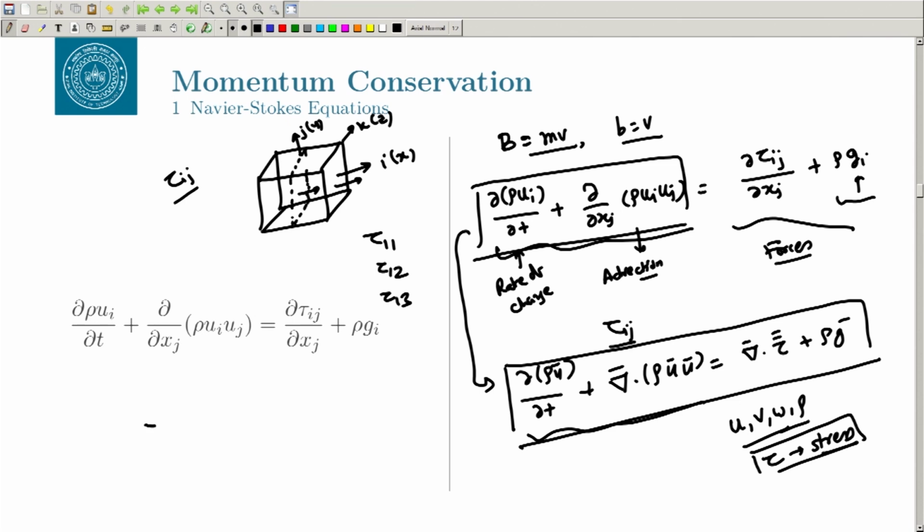So, tau is now a matrix, okay, it is actually a tensor; matrix is not the correct term. It is a tensor: tau 1 1, tau 1 2, tau 1 3. Although it looks like a matrix, there are certain rules which are applicable to a tensor but not applicable to a matrix.